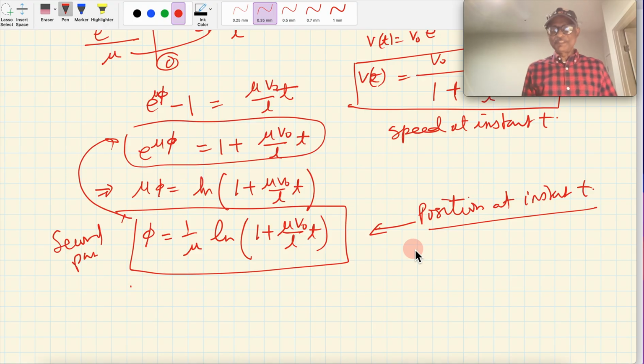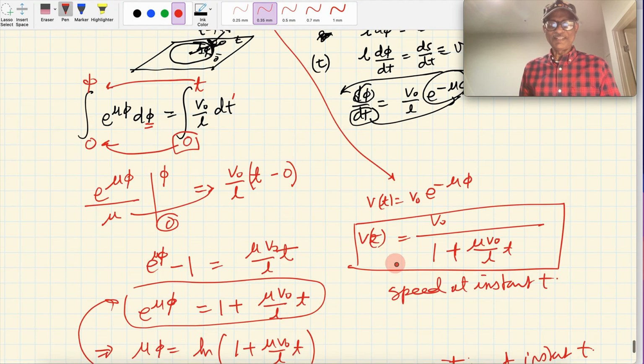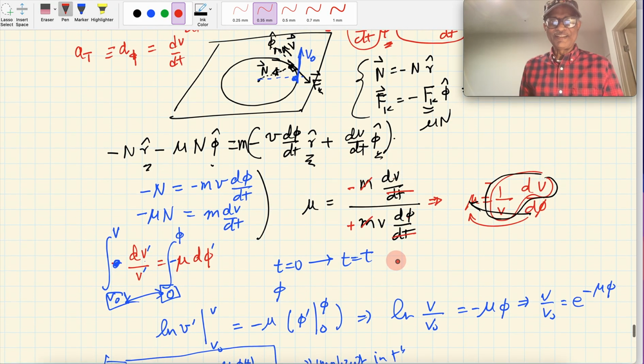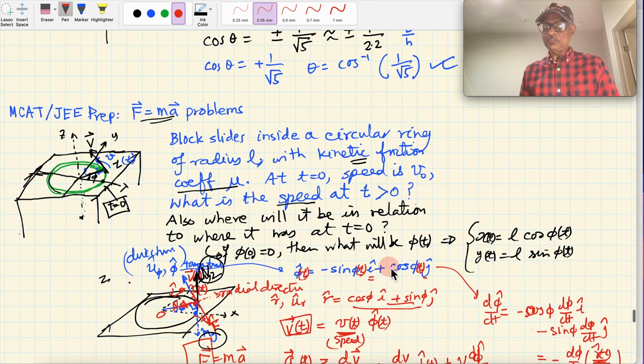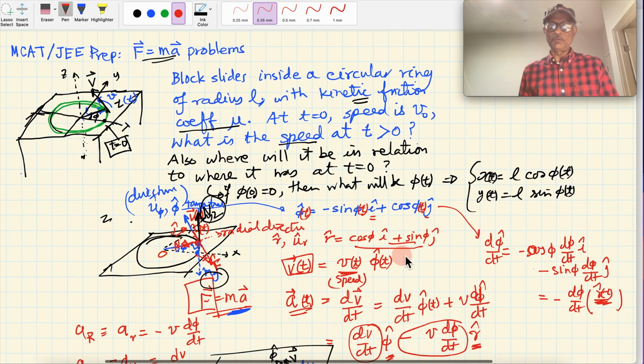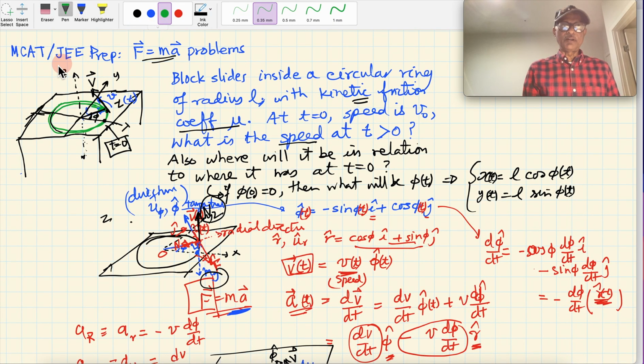Oh, that was a long algebra, and some of you may find it pretty hard. I don't think this is a good problem for MCAT. I think it's a little on the hard side.